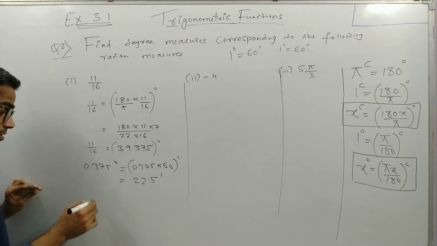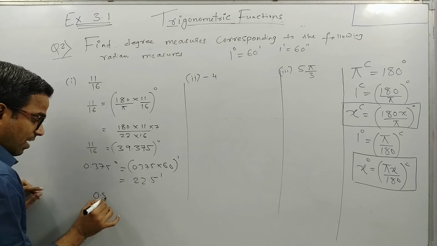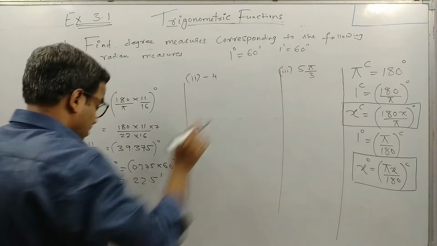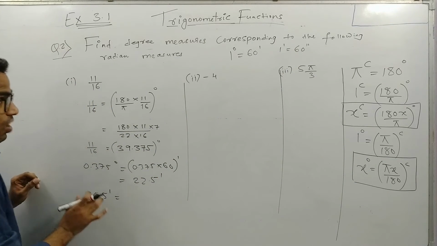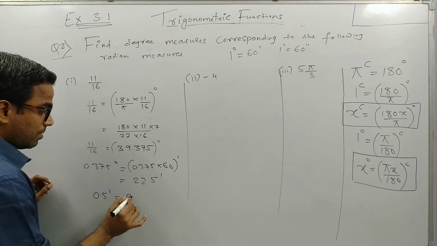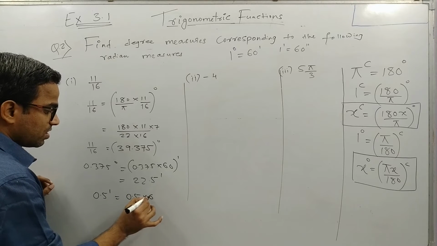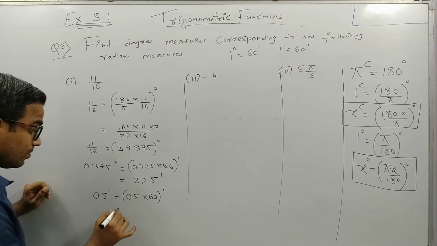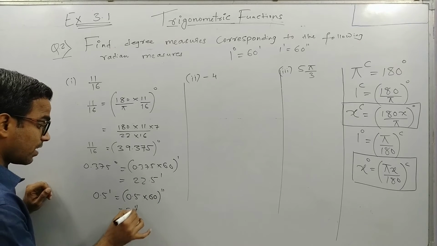So what we will do is, we will convert that 0.5 minutes into seconds. So we know if we have 1 minute, we can convert it into 60 seconds. So 0.5 minutes will be how much? It will be 0.5 into 60 seconds, right? So that will be 30 seconds.